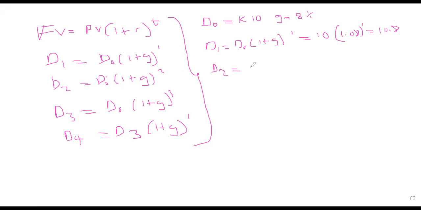So how do we get D2? 10 times 1.08 to the power 2, which is going to give us 11.66.